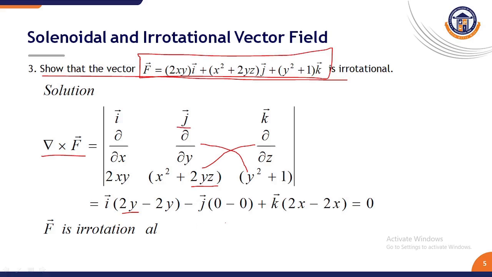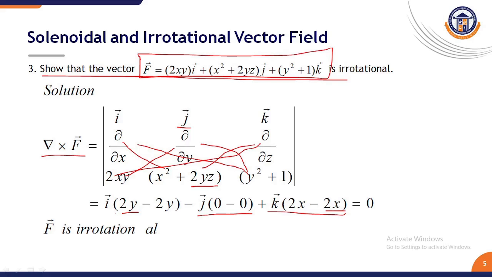Minus j into dou by dou x of y square plus 1 minus dou by dou z of 2xy, so its corresponding differentiation terms are 0. Then k into dou by dou x of x square plus 2yz, which is equal to 2x, minus dou by dou y of 2xy. That is differentiation of 2xy with respect to y, which is 2x.